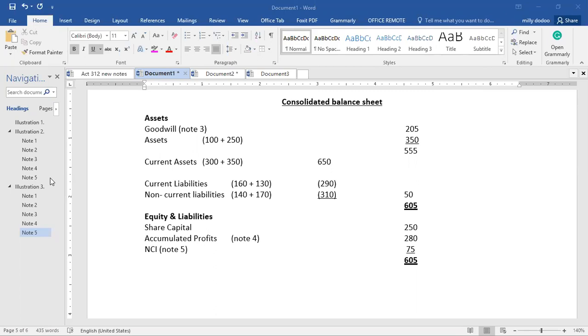Now, when we talk of fair values, the simple and short answer I'll give you is market value. So when an accountant is talking about fair value, the accountant is basically talking about market value.